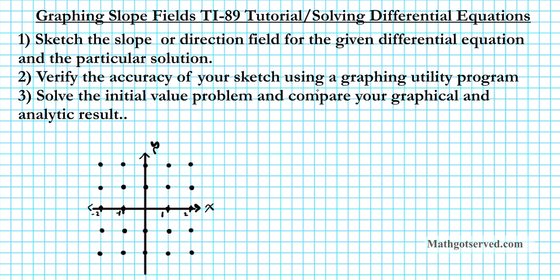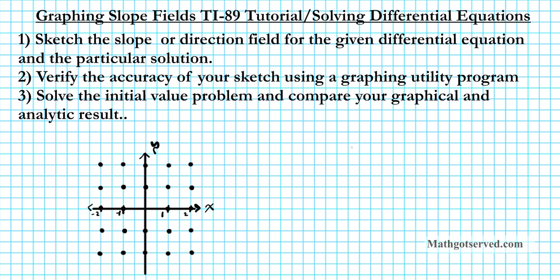And we have to verify the accuracy of our sketch using a graphing utility program, so I'll be using the TI-89 Titanium here. And then lastly, we have to solve the initial value problem and compare our graphical result with our analytical results to see if our answer does in fact make sense.